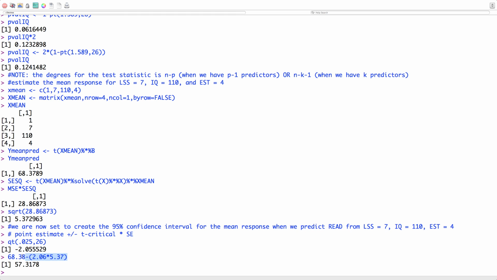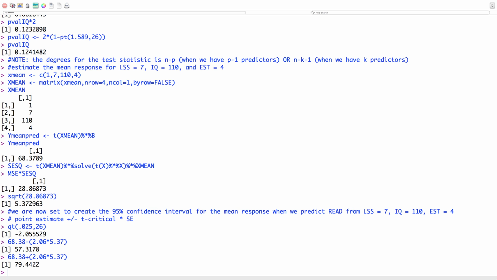Then I'm just going to copy and paste this, if it'll let me. And I can just change that to plus, and I get this.